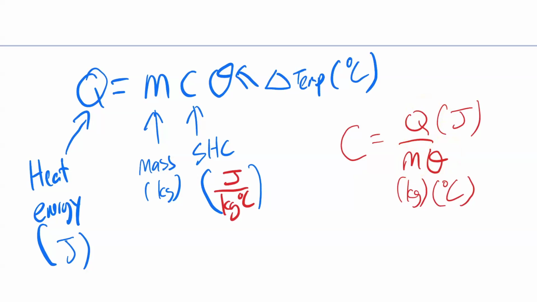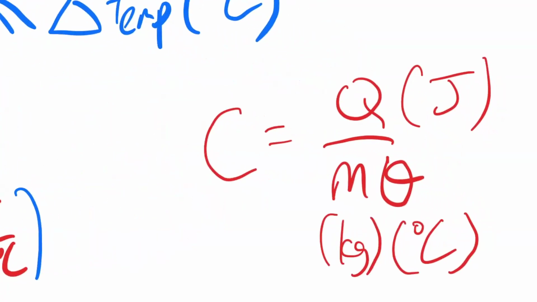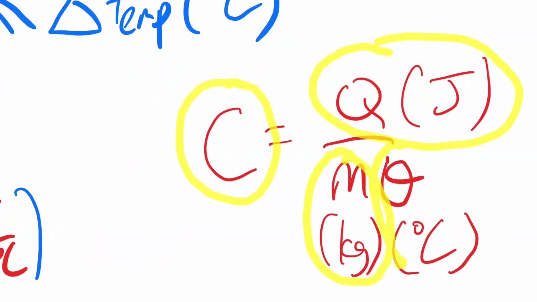Okay, let me repeat. Listen up, everyone. It's just following the formula only. Specific capacity is the amount of heat energy needed to change 1 kg of a substance by 1 degree Celsius. One more time.